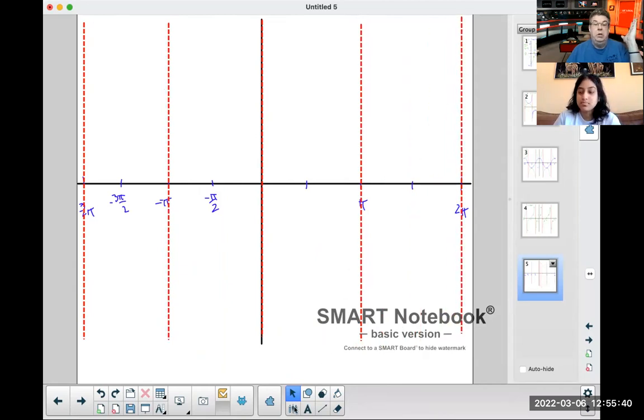You don't have to worry about the zeros anymore because they're halfway between the asymptotes. Make sense? Now, if you have tangent memorized, then you can do cotangent immediately. But let's just pretend that we don't.